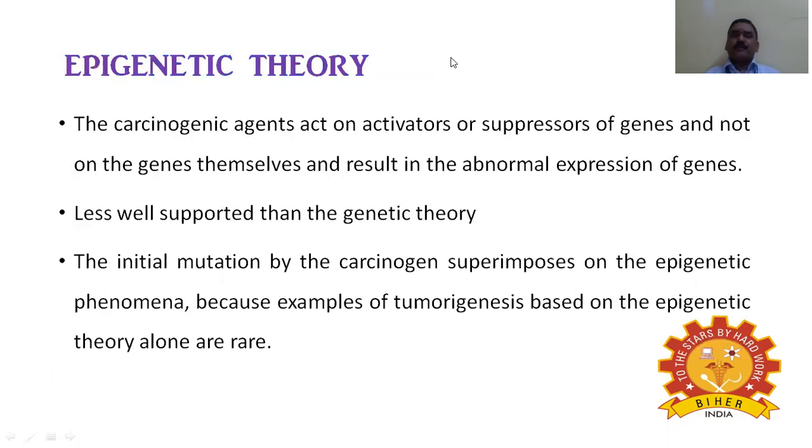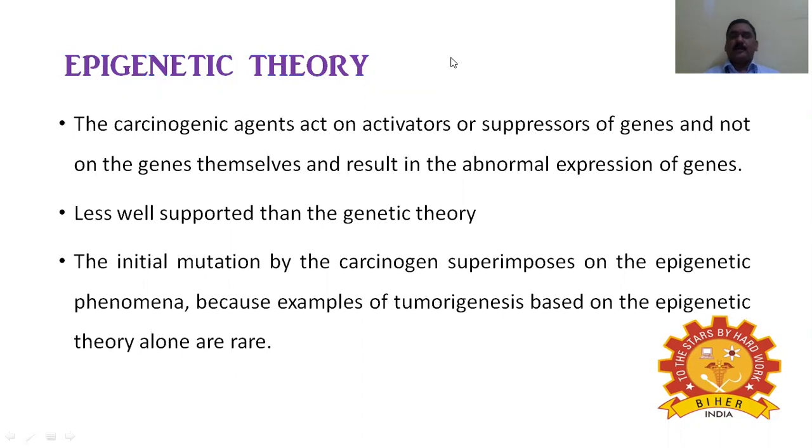Next, I'm coming to the epigenetic theory. The carcinogenic agents, it may be a physical carcinogen or chemical carcinogen, etc., act on the activators or suppressors of the genes and not on the genes themselves, and result in abnormal expression of the genes.